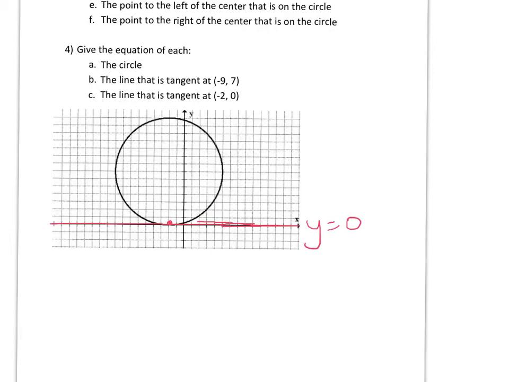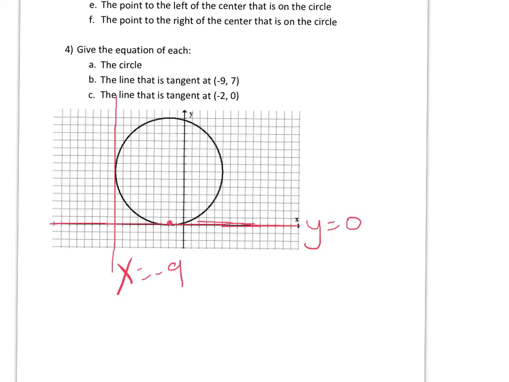So this other line that we had from the previous slide, x equals -9, is saying that all of the input along this line is -9.